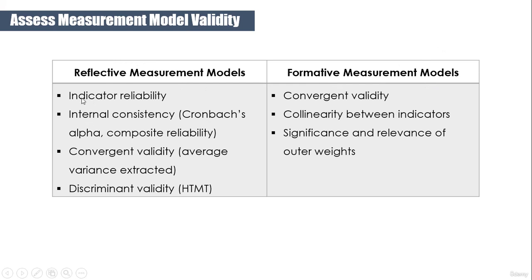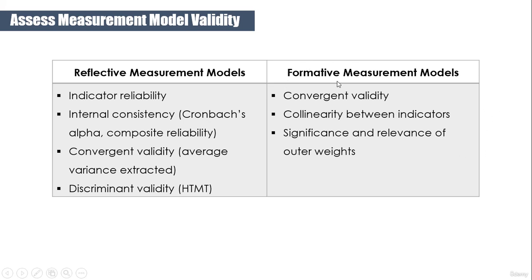For the reflective, we have to follow the indicator reliability, that is, measure the factor loading, then internal consistency reliability by Cronbach's alpha and composite reliability value, then convergent validity by using average variance extracted or AVE, and discriminant validity by using HTMT and the Fornell-Larcker criterion. And for the formative measurement model, we have to use convergent validity, collinearity between the indicators, that means the measured variables, and significance and relevance of the outer weights.